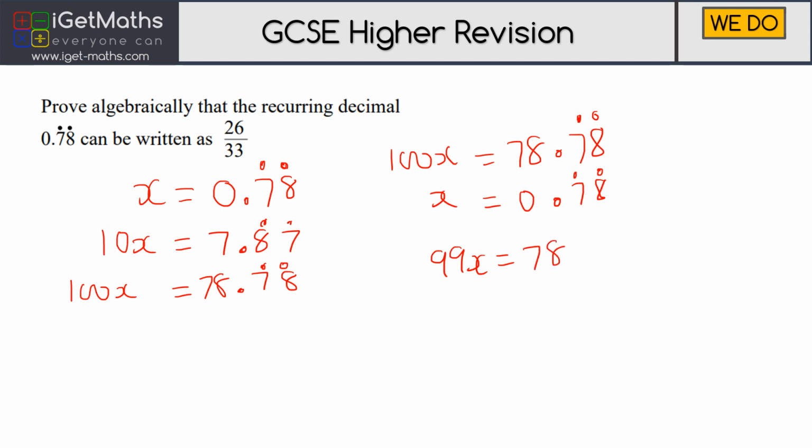We will divide this by 99 on both sides. That will give us x equals 78 over 99. And that will simplify down to 26 over 33.